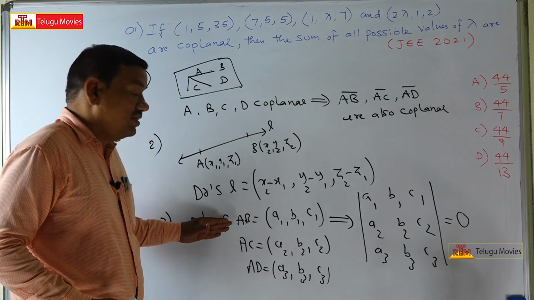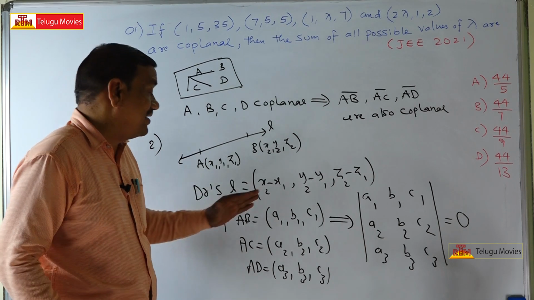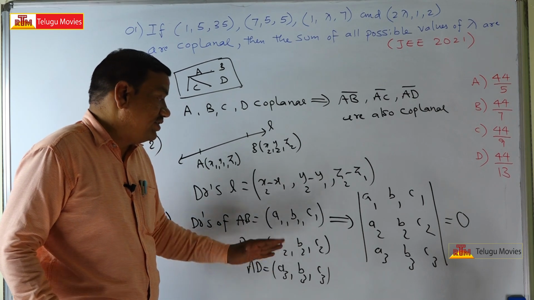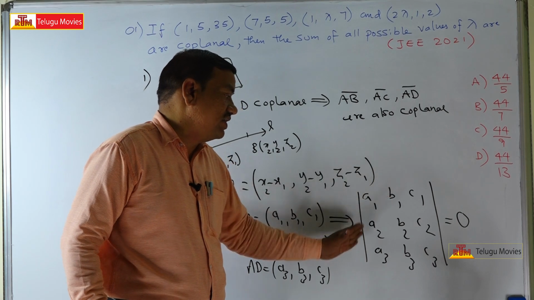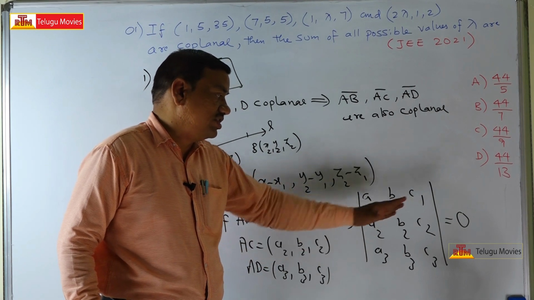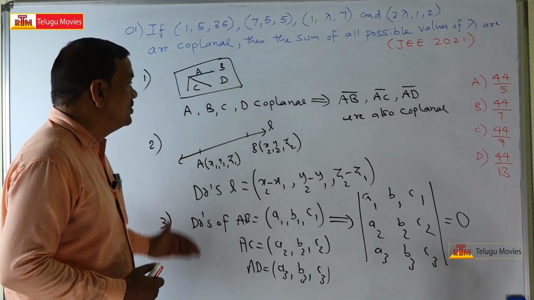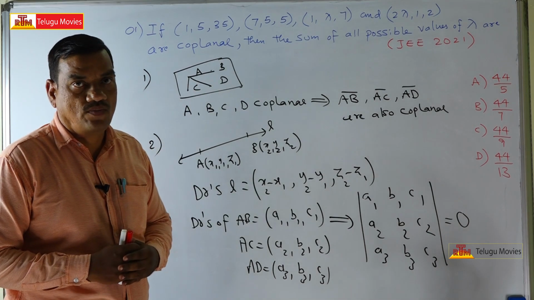If these three lines AB, AC, AD are coplanar and their DRs are a1, b1, c1, a2, b2, c2, a3, b3, c3, then the determinant value is 0. So, if you know all these three concepts, you can easily solve this problem.